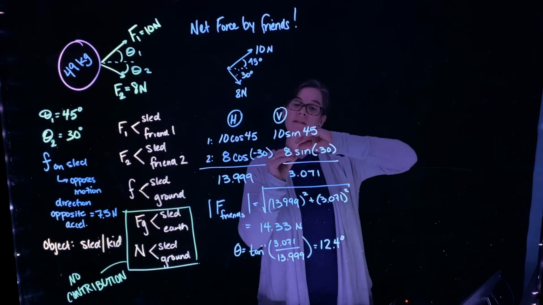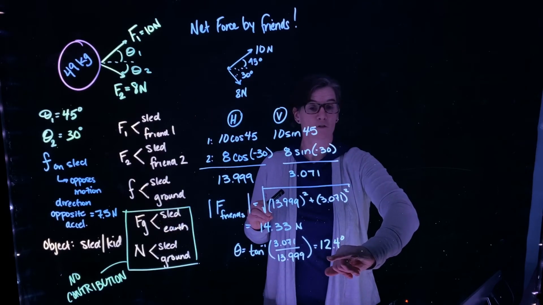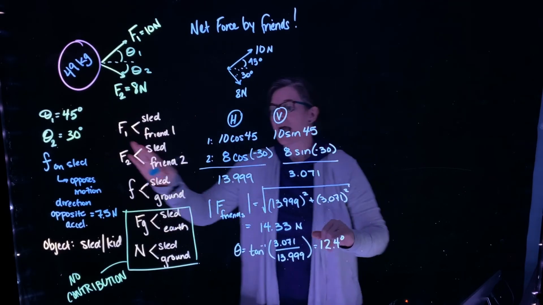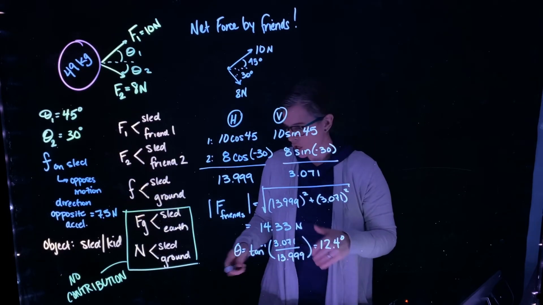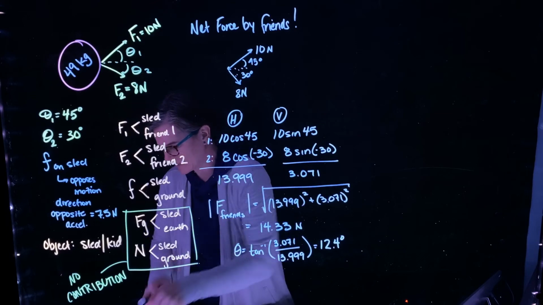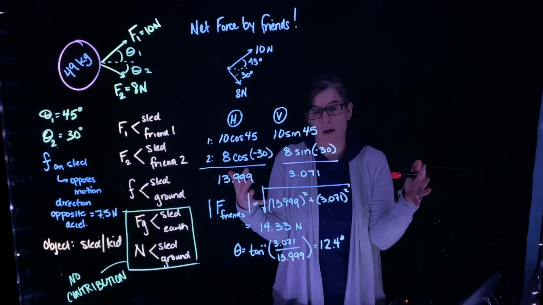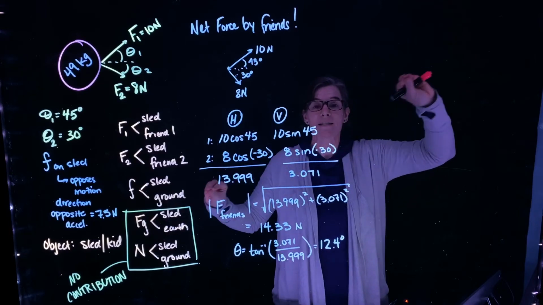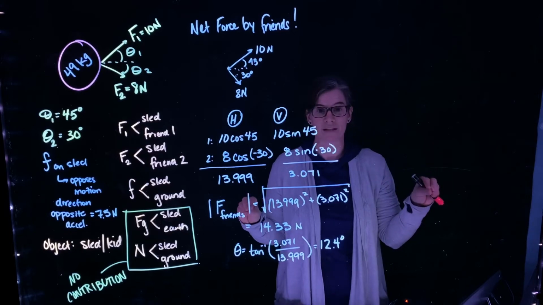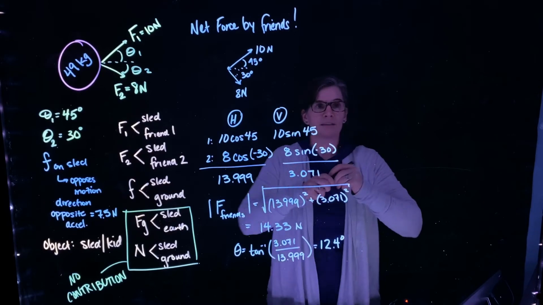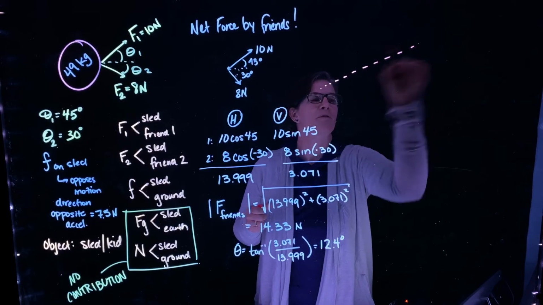So now we know that the sled has a net force by the friends at an angle of 12.4 degrees. And the frictional force is opposite that direction. So we can now look at the second half of this problem. Let's imagine that my one dimension is along this line of 12.4 degrees.